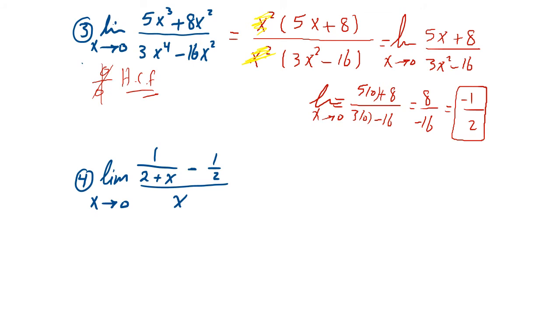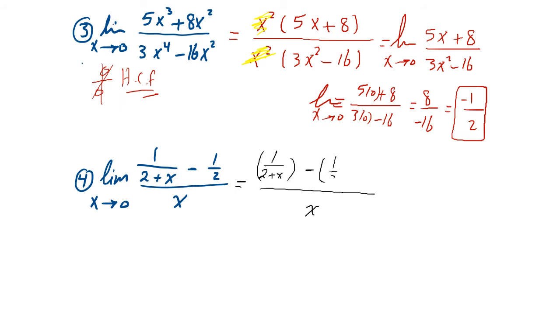For the next one, after plugging in x with 0, I will find an answer of 0 over 0, so I will not be able to solve the question directly. So I have to think of something to work with to solve this one. I'm going to think of making the same denominator up top. So it's 1 over 2 plus x minus 1 over 2.